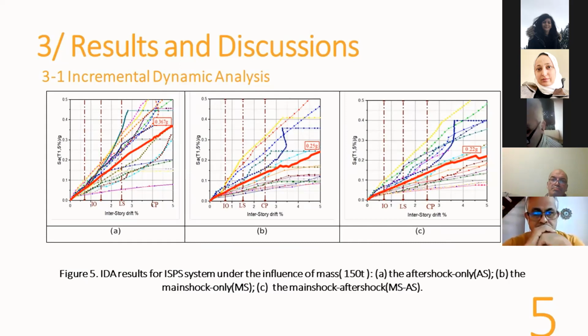ISPS mean IDA curves compare the response of the ISPS system under the influence of mass 150 tons, subjected to the main shock only, PGA equals 0.25 g, while the ISPS system under the main shock aftershock, PGA equals 0.22 g, has a lower capacity of 12%.